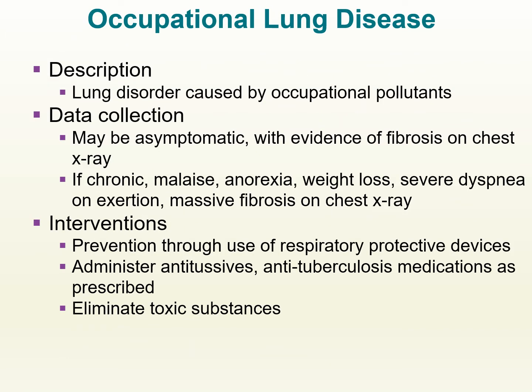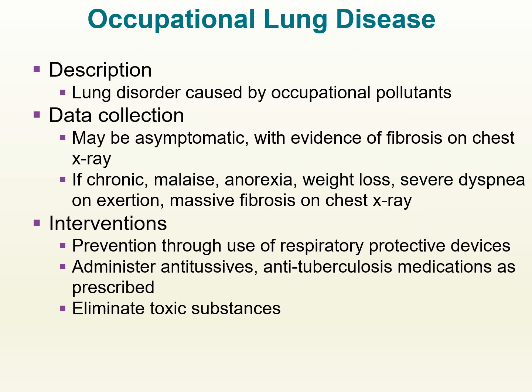Occupational lung disease. So this is lung disorders that are caused by occupational pollutants. These can be things like black lung, asbestos, and the list could probably go on and on. These patients may be asymptomatic and just come in for a routine physical with evidence of fibrosis on a chest x-ray.